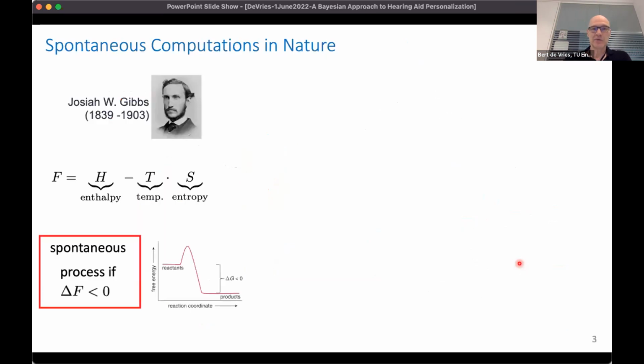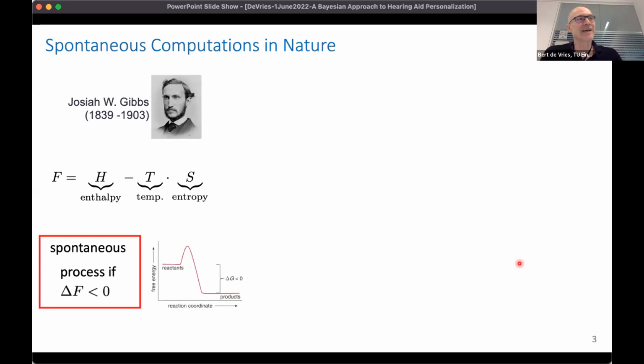Now, if you take a physics-based look and go very fundamental: how do spontaneous computations even take place in the real world, and in the brain or anywhere? From your physics or chemistry classes in high school, you may remember there's something like Gibbs free energy.